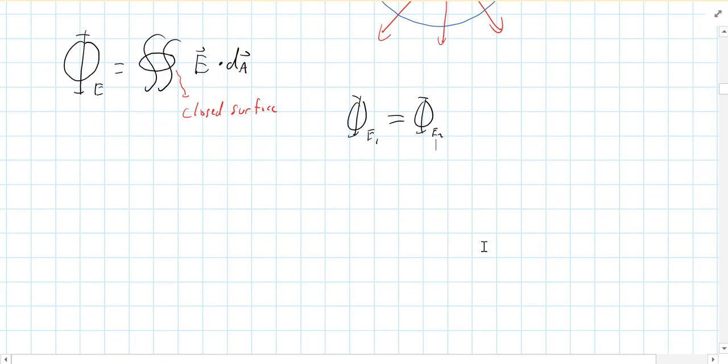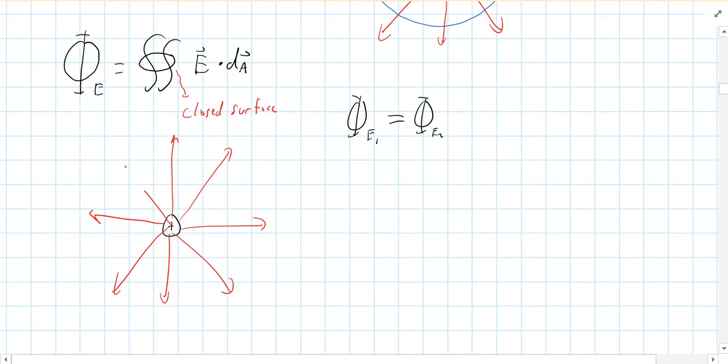Okay. Now let's talk about another example. Let's say I have a positive charge here. And again, it's going to make a field outward, okay, like so. And now this time I'm going to draw a cube around that. And the charge will be at the center of the cube. So I'll do the best I can to draw that. So here's my cube.